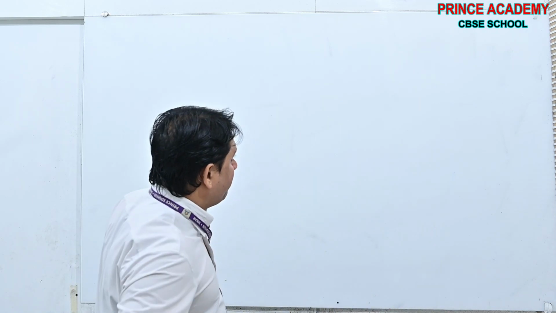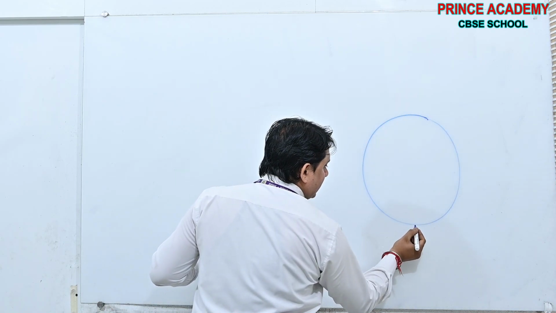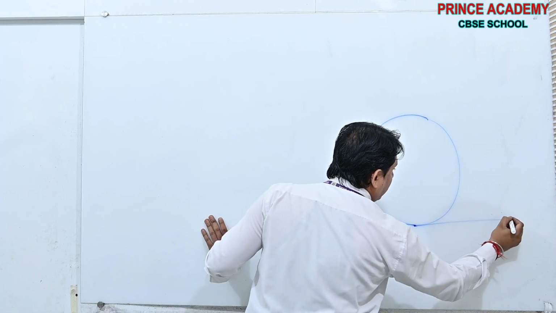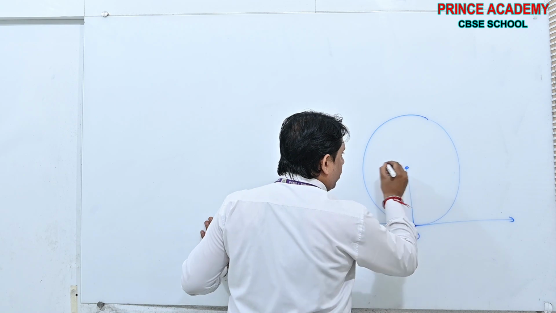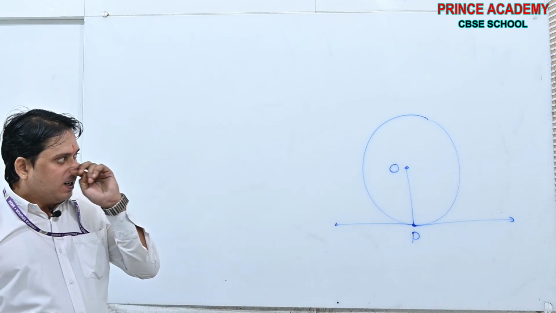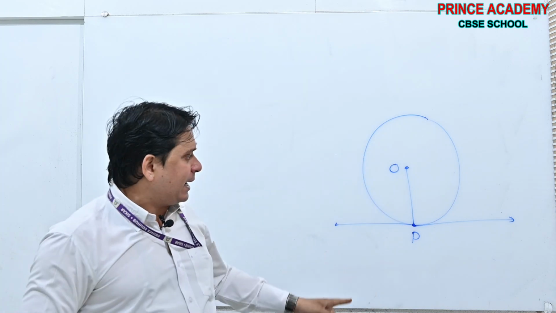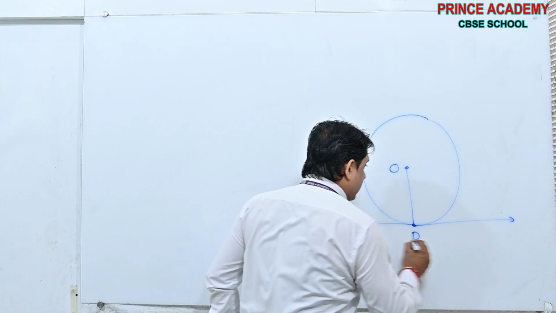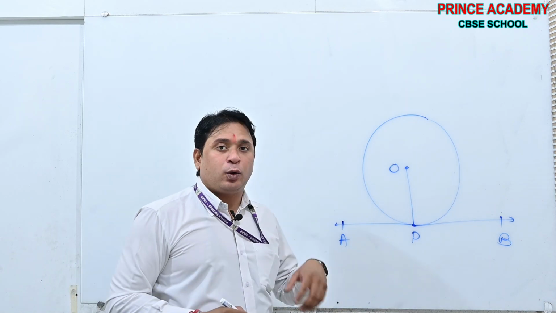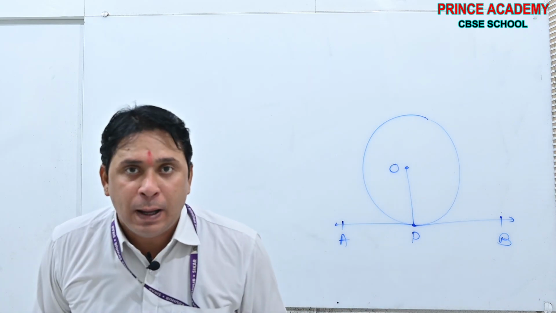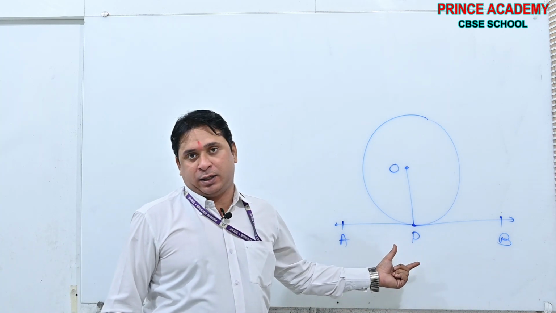See, let me explain, beta. Suppose this is the circle. This is the center O, the tangent, and the point of contact. Now, I want to draw a perpendicular to the tangent at the point of contact.